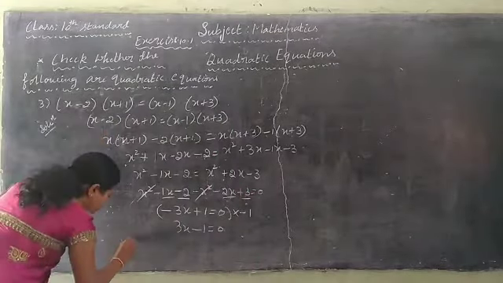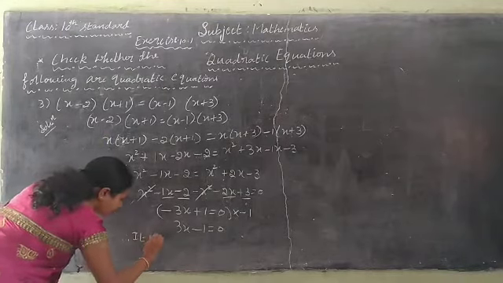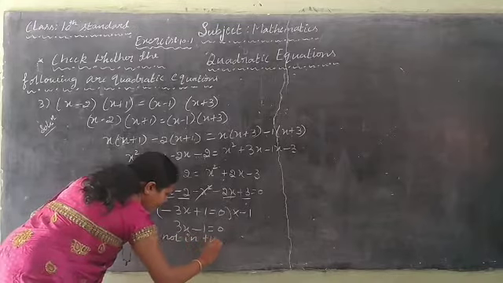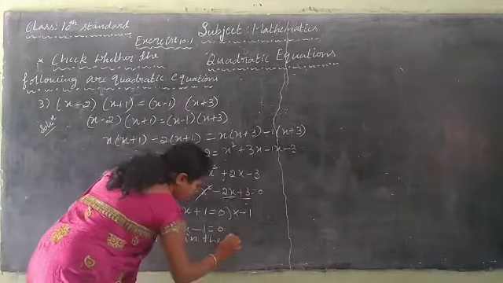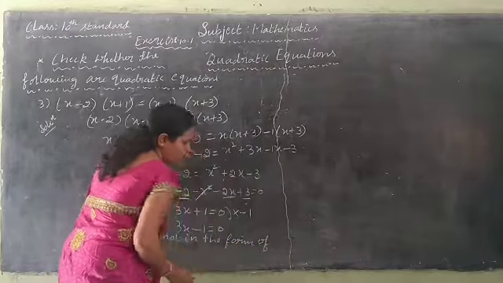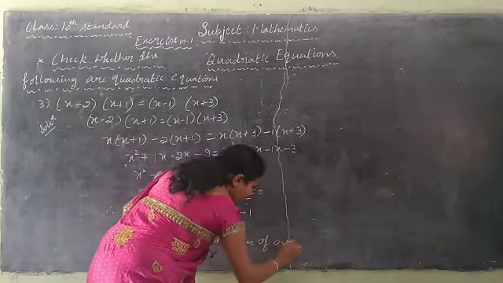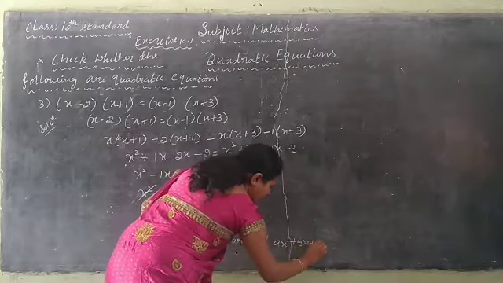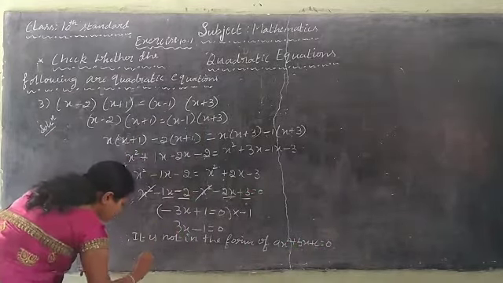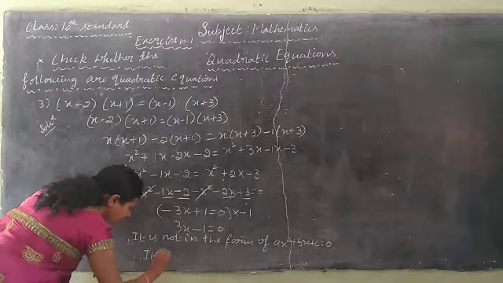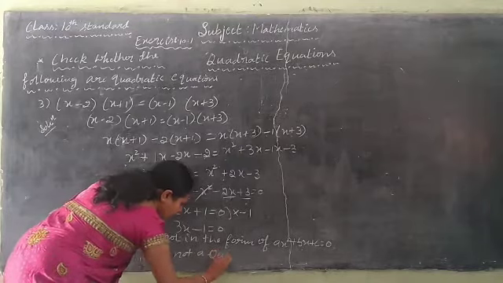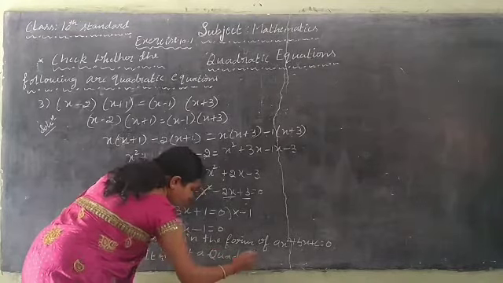So in the last we have to write it is not in the form of ax square plus bx plus c is equal to 0. Therefore, it is not a quadratic equation.